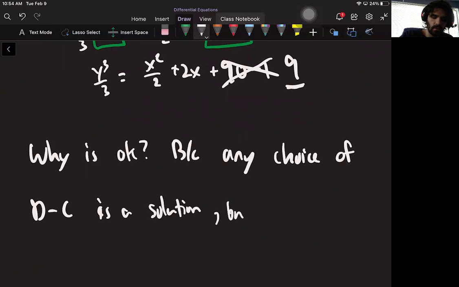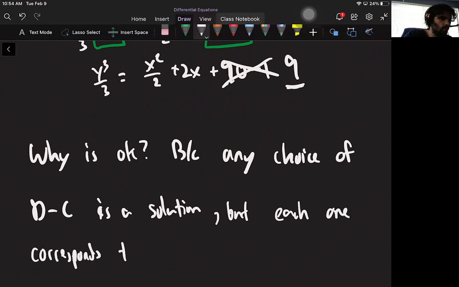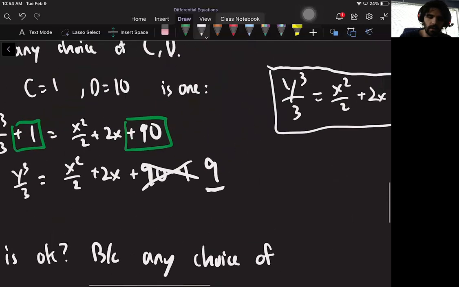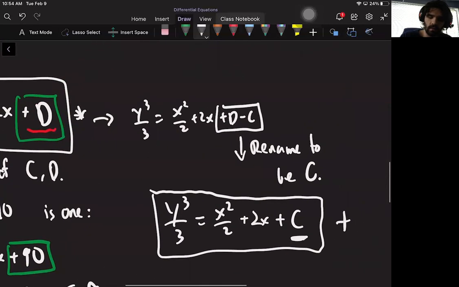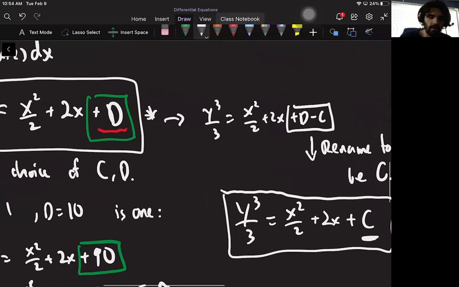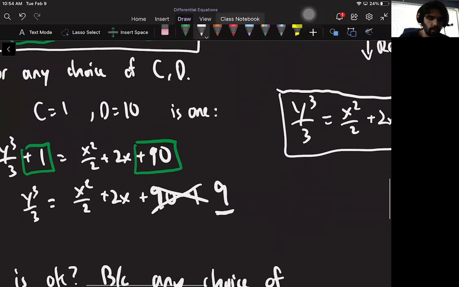But each one corresponds to a choice of just C in the second way of writing it, in this way of writing it. So you're still getting all the same solutions. You're getting a different solution for each choice, each number that you put there.